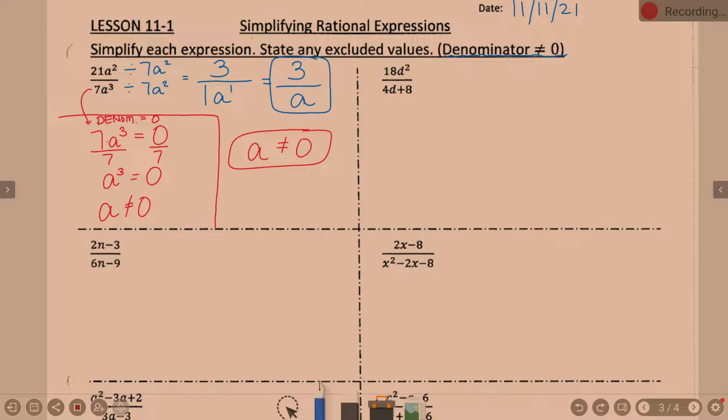So they can all divide by 2. Now the question becomes, is there a d associated? Well, 18d squared divides by d. 4d divides by d. Does 8 divide by d? No.